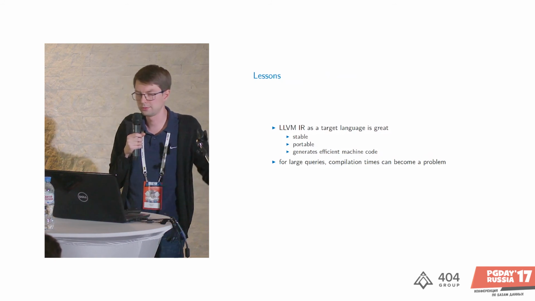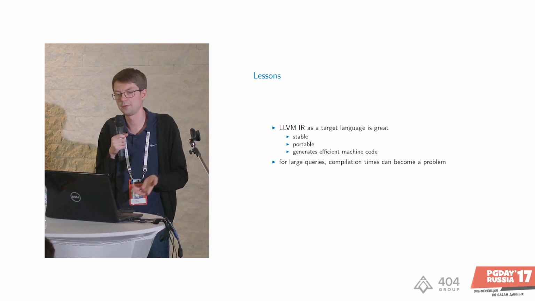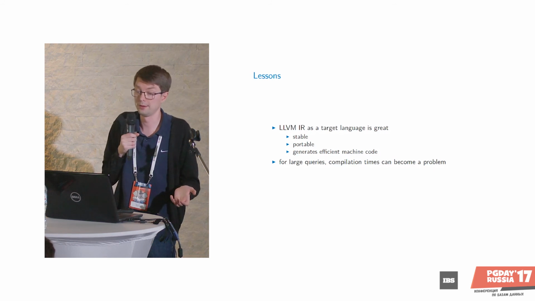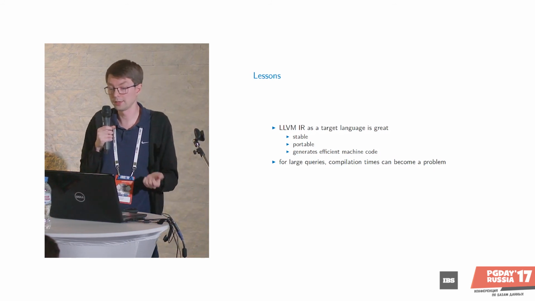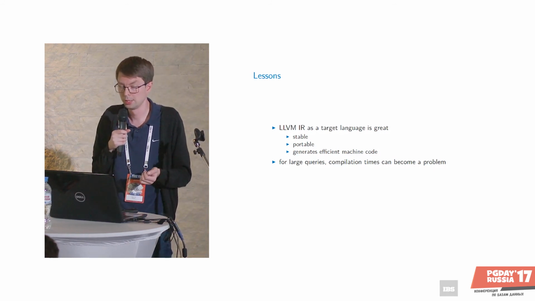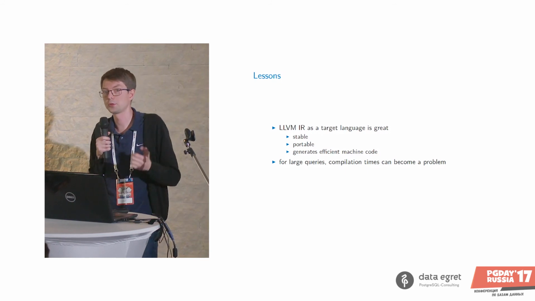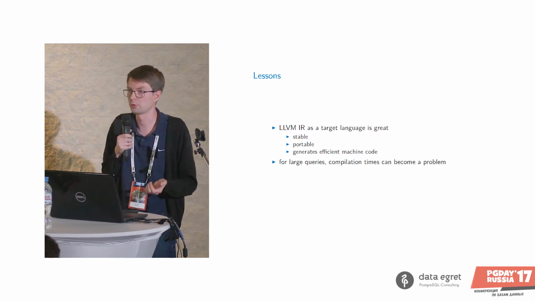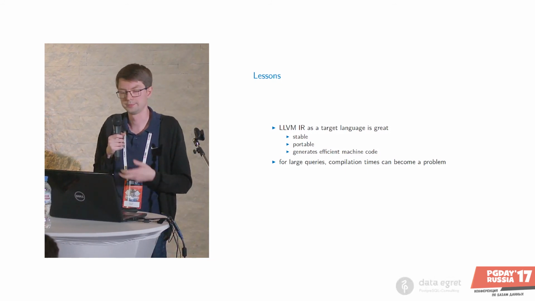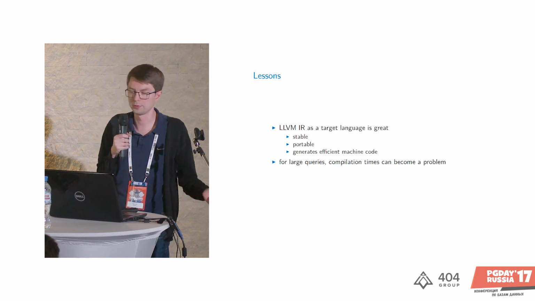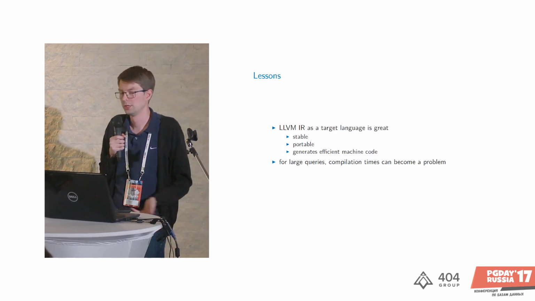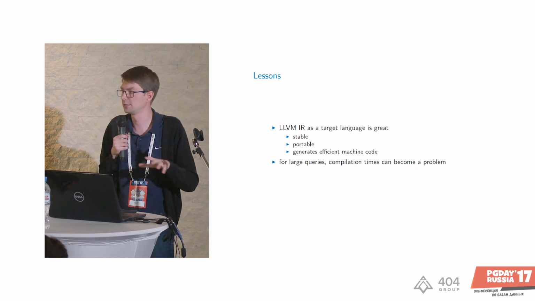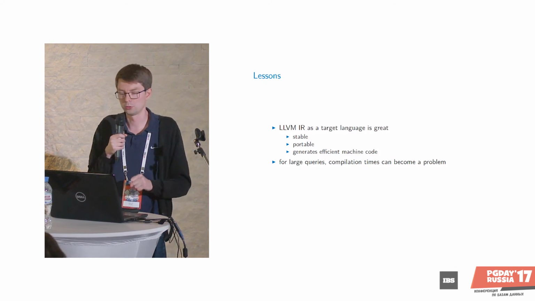Okay, so some lessons that we had from using LLVM. LLVM is really great in almost all dimensions. It's very, very stable because it's used in industrial strength compilers as a backend, so there are very few bugs there. It's portable. It generates very efficient code. That all comes from being this very widely used compiler framework.